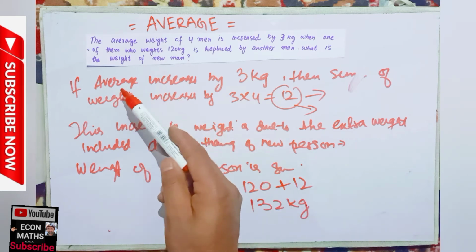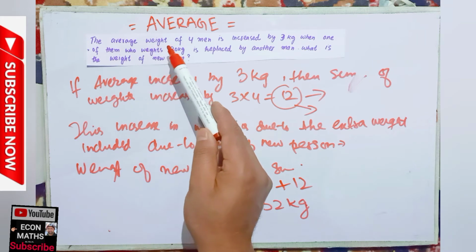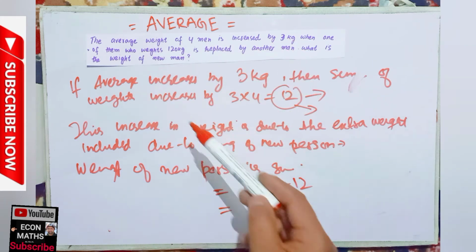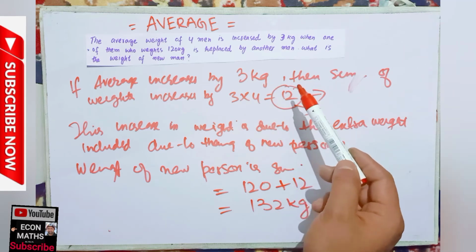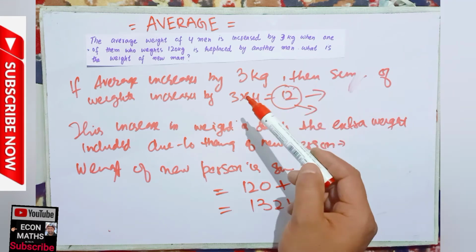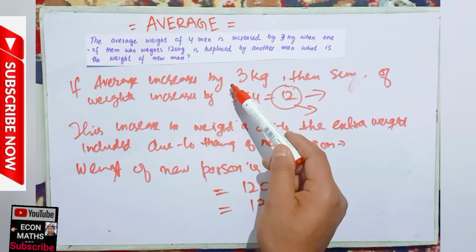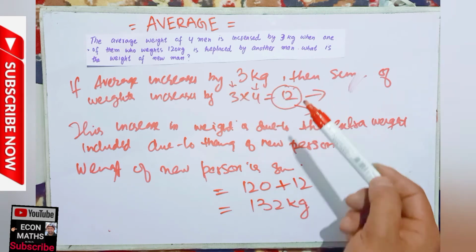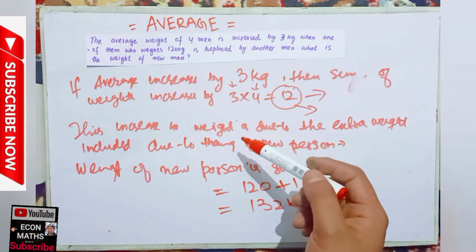Because first of all, if we observe, the question says the average weight of 4 men increases by 3 kgs. So we take the extra weight which is due to the inclusion of a new person after replacing the original person. This will be equal to 3 times 4, which is 12, the sum of the weight which increases.